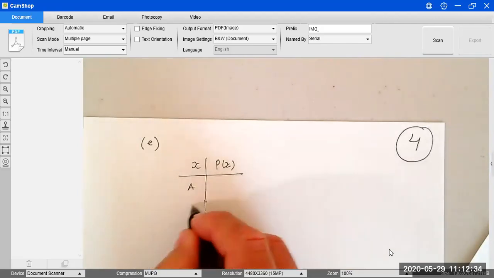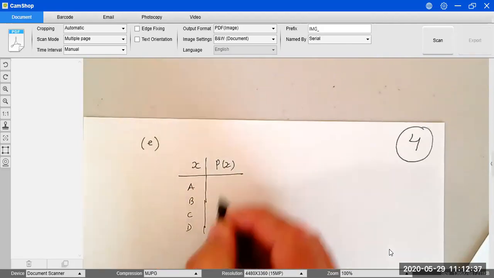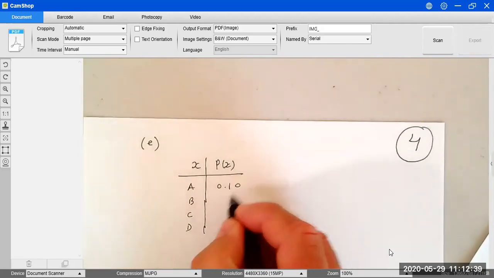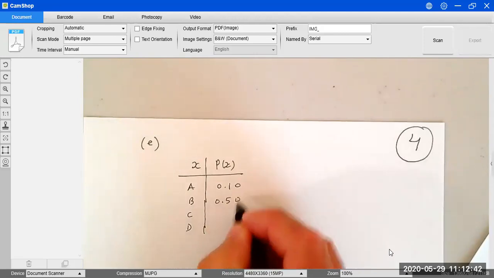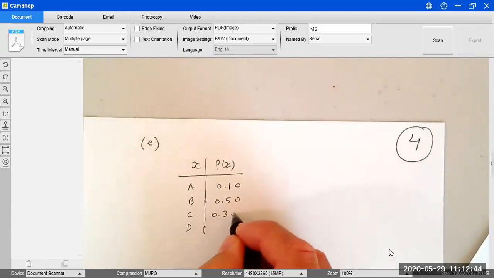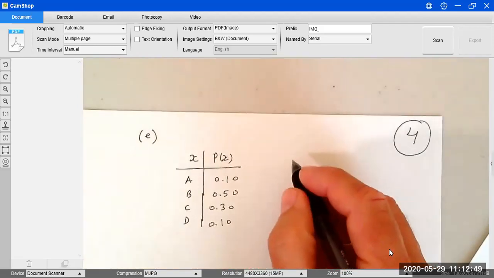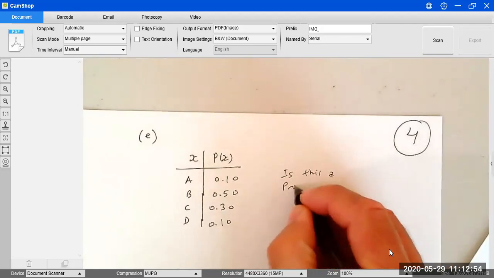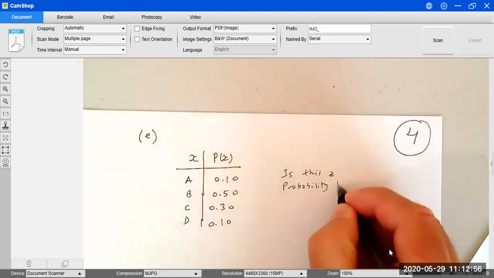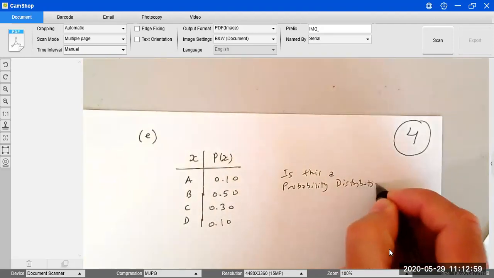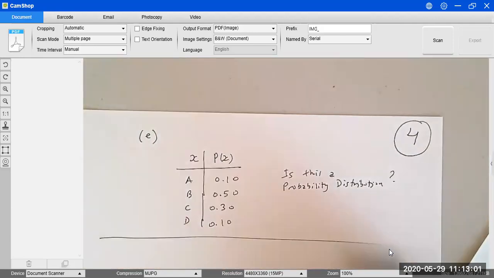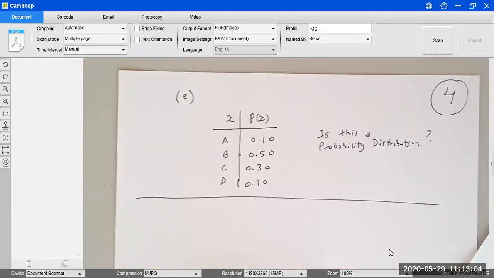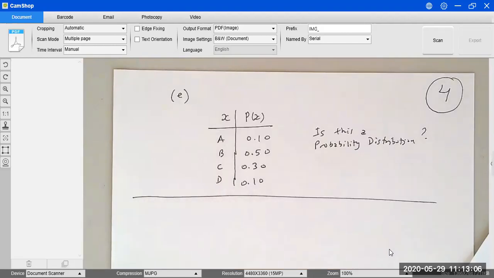So I have A, B, C, D. I have 0.10, 0.50, 0.30, and 0.10. And you're going to answer the question, is this a probability distribution? So take a couple of minutes to analyze this table and answer that question.